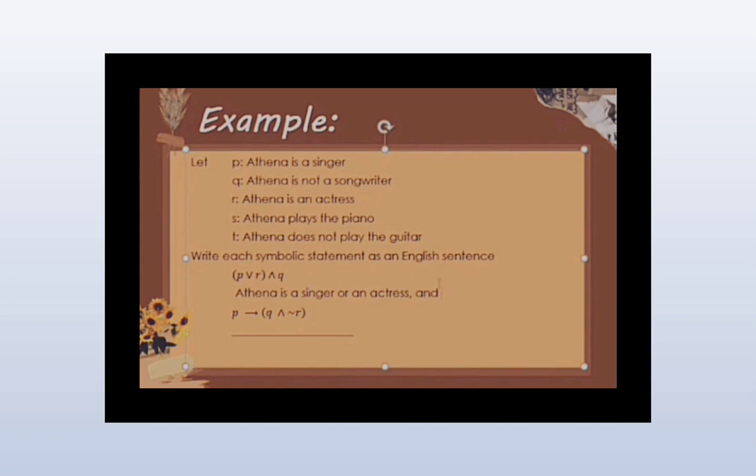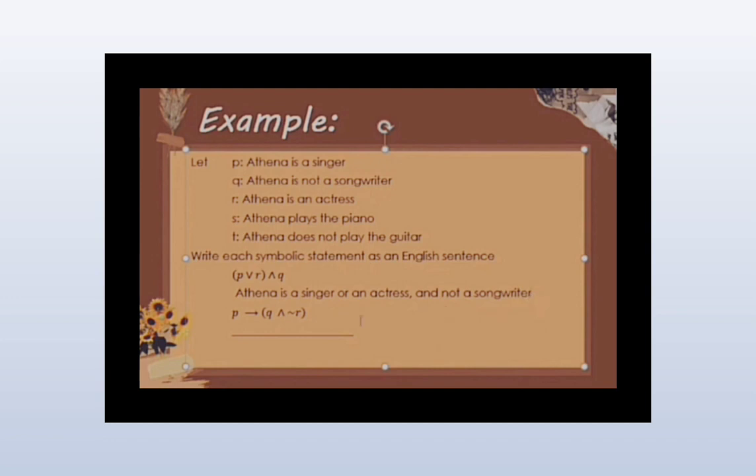Therefore, we have not a songwriter. So the symbolic form of the quantity of P or R, and Q, the statement will be: Athena is a singer or an actress, and not a songwriter.